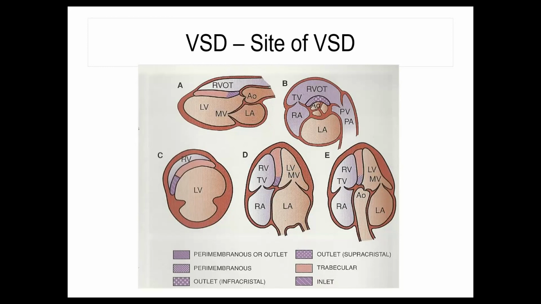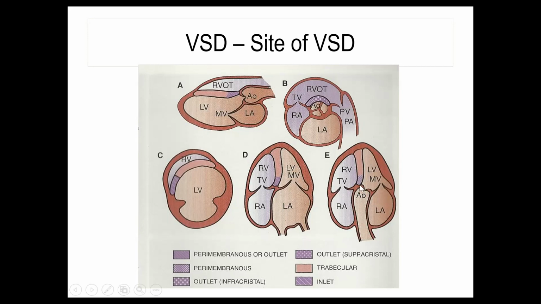Outlet means when the outlet is seen, that is outlet VSD. So any interventricular septum seen with the aortic view becomes outlet VSD, and most of the time this is muscular or paramembranous. This part is paramembranous. If you rotate this image, it becomes the Plax window.